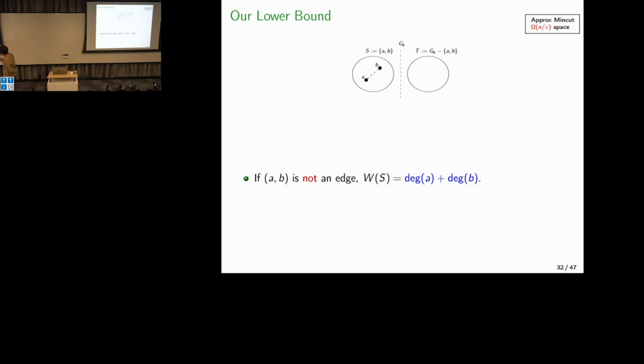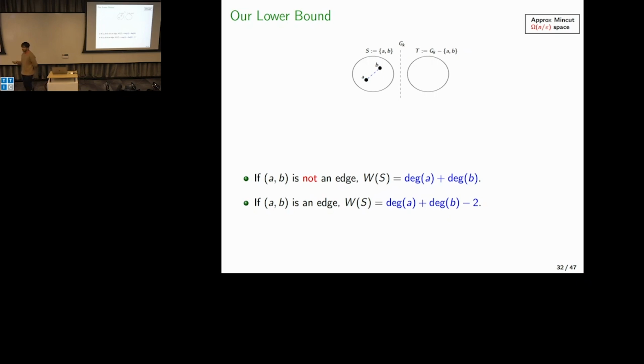Since this side just contains A and B and this is a non-edge, all the edges from A and B go across, so the size of the cut will be this. If AB is an edge, then the size of this cut is this thing minus 2, because 1 degree from A and B will be inside here. So if somehow using the algorithm A I can ask it the value of this cut, then I will know whether AB is an edge or not. Good.